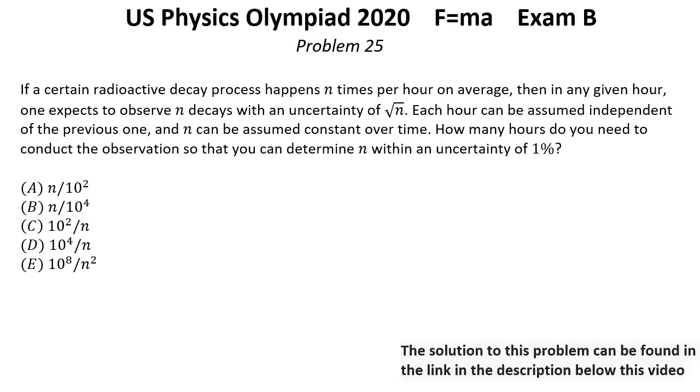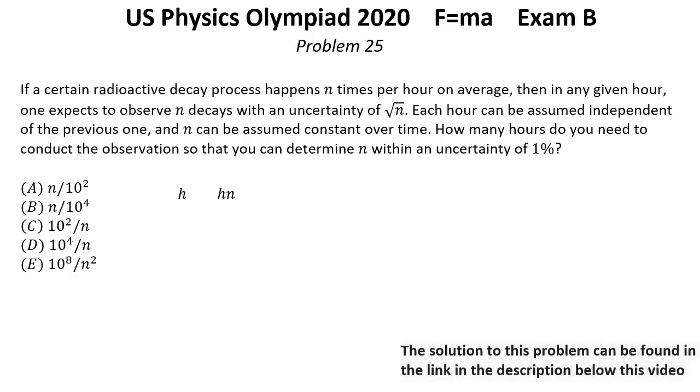Let the number of hours we observe be h. Then the number of decays observed will be on average hn. The standard deviation in the number of decays observed in an hour is square root of n. Each hour is independent of the ones before it.